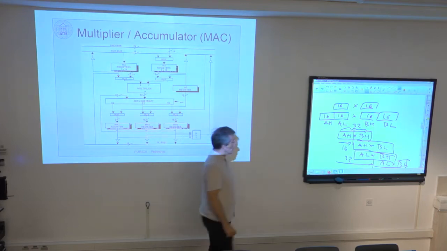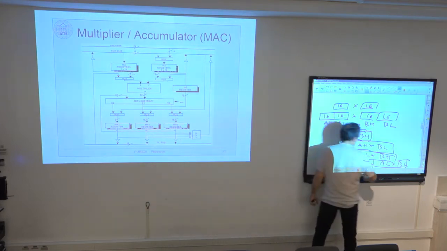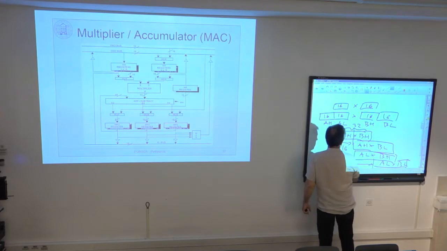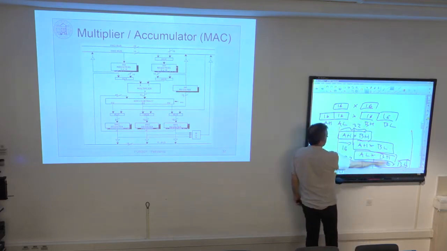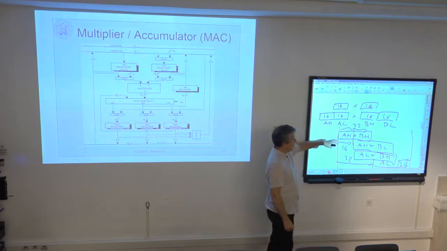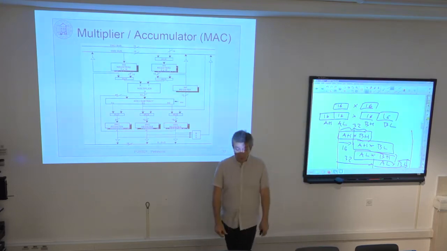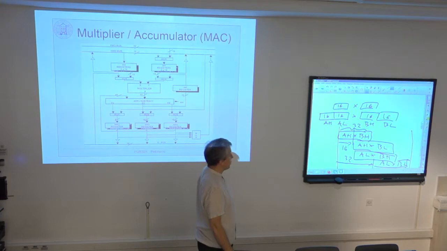So I get the product of two 32-bit numbers using 4 multiplications and 3 additions, which are weight adjusted. So each of these terms is properly weight adjusted.